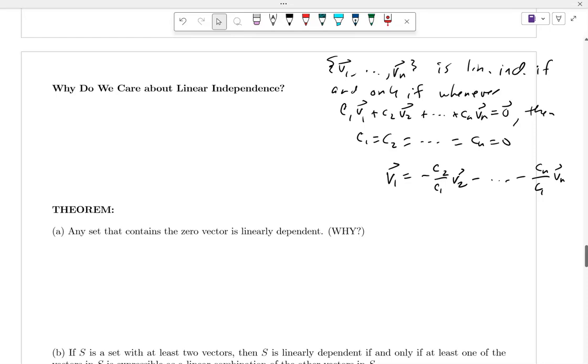All right. Yes. I said if C1 is not 0, then I could solve for V1. If C1 is not equal to 0, then I can divide by it. All I did was subtract the other ones to the other side and then divide by it.